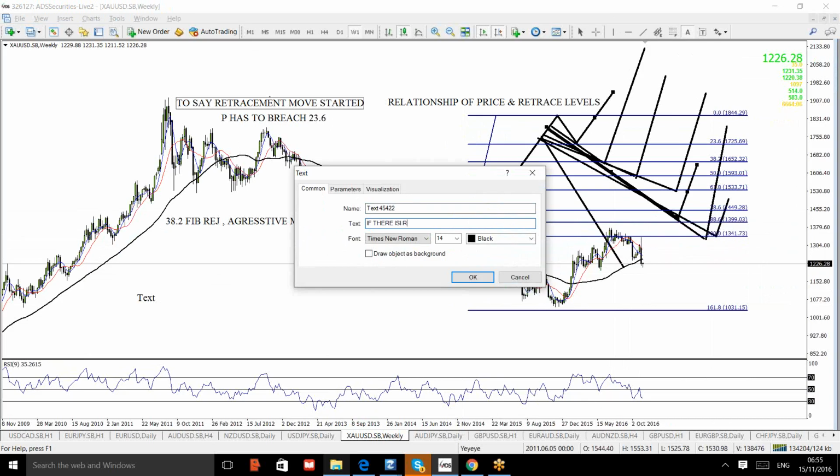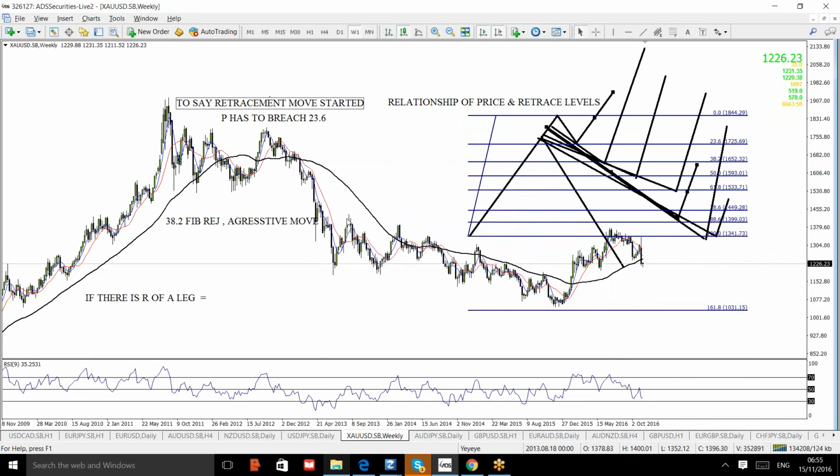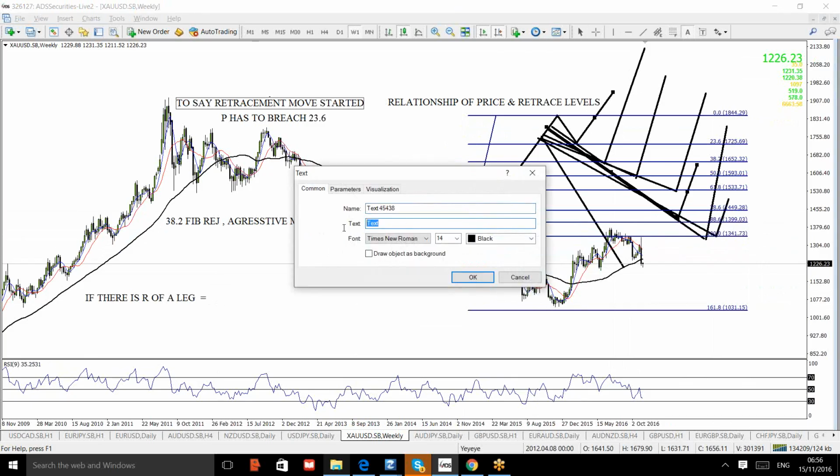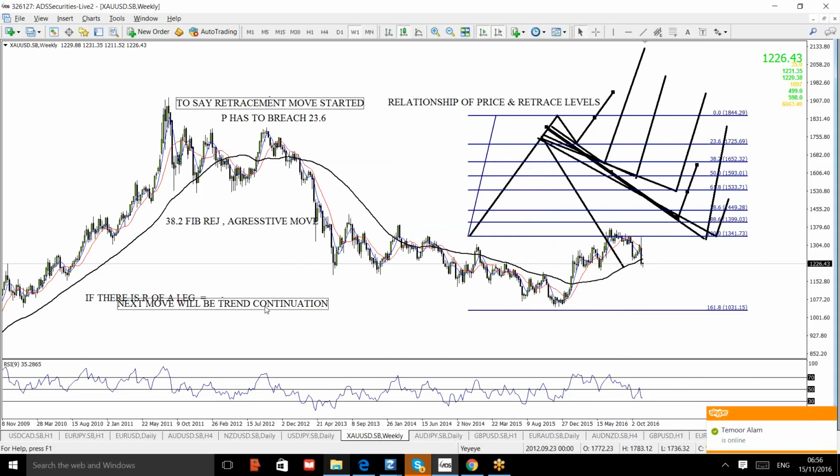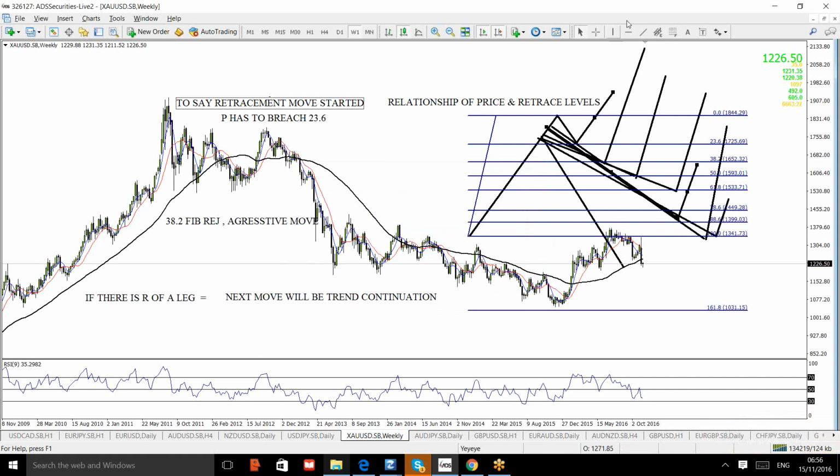If there is a retracement of a leg, the next move will be a continuation move, guys. Do you understand what it means? Just try to focus on what it means. If there is a retracement of a leg, the next move will be trend continuation of the previous leg. Make sense, guys?